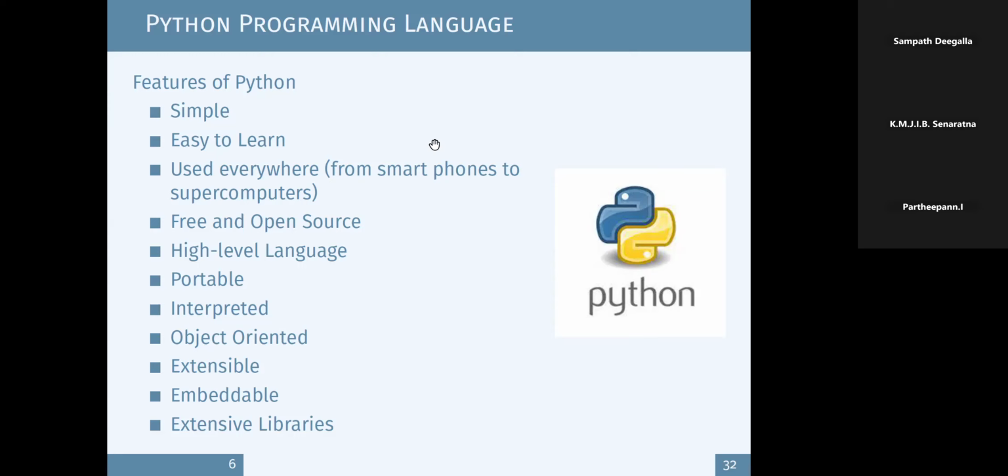They even start programming with Python because of the easiness, and with the extensive libraries you can implement anything, starting from web applications to mobile to even data or dashboards.